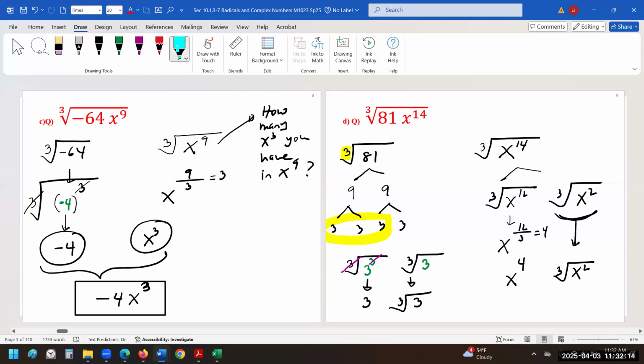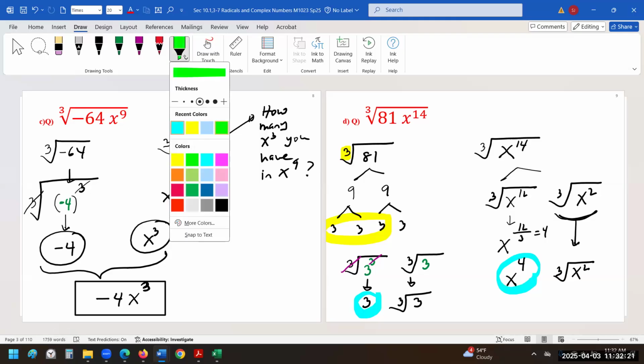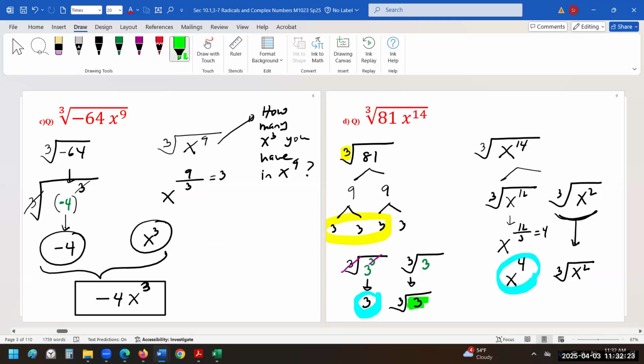Now, if you observe, there's something extra outside, and we have some single thing inside. So instead of putting them into 2 different walls, we put them together as one. We said, hey, 3 and x to the 4, be friends and hang out with one another.